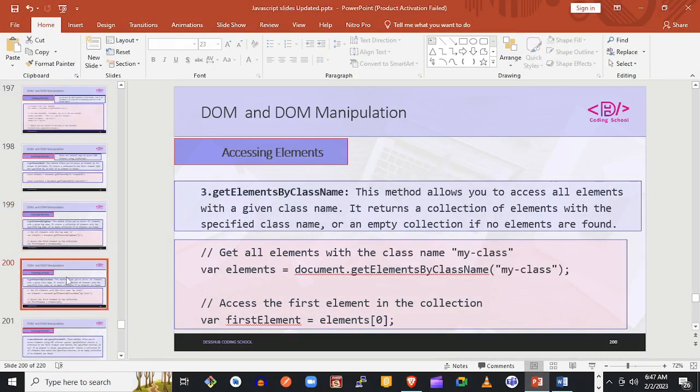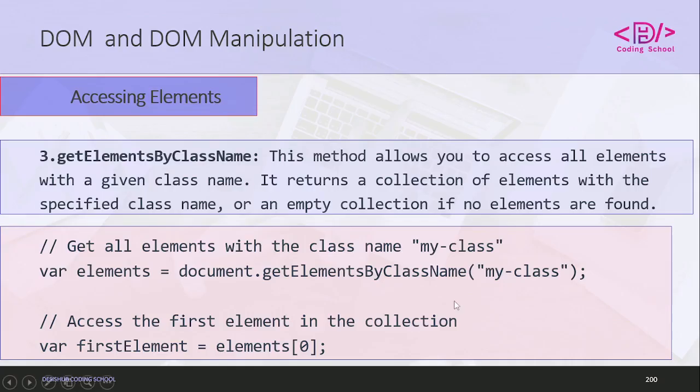In the third one, getElementsByClassName, this method allows you to access all elements with a given class name. It returns a collection of elements.